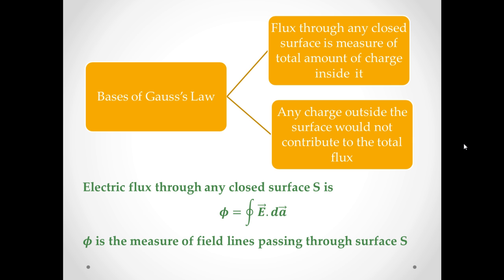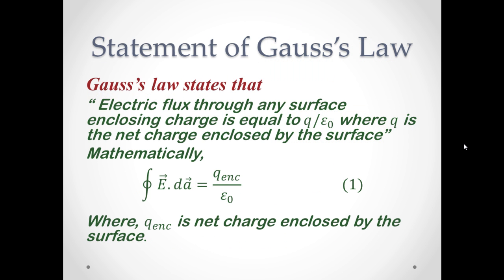Now we know that electric flux through any closed surface S is phi equals integral E dot dA, and it is the number of field lines passing through the surface S. Now Gauss's law states that electric flux through any surface enclosing charge is equal to Q upon epsilon naught, where Q is the net charge enclosed by the surface.